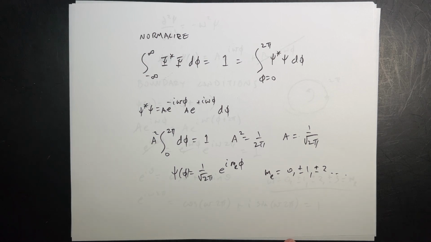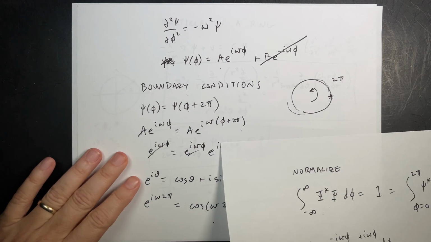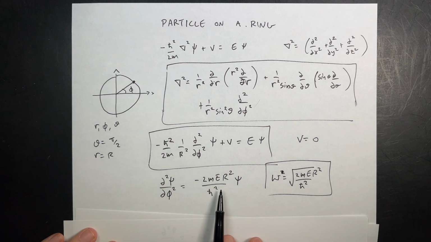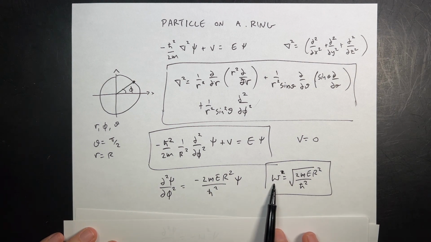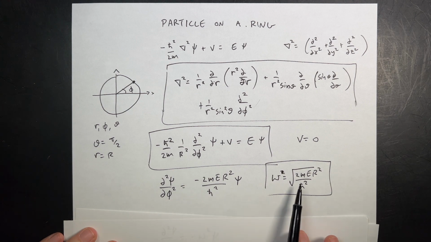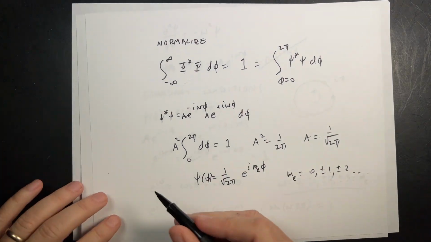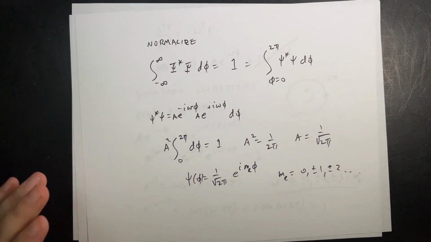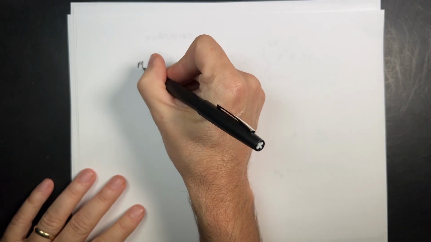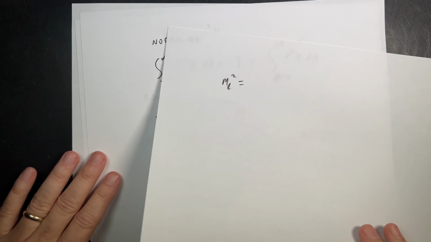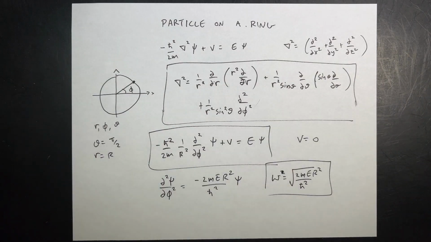Now what about the energies? So if we go back up here, this energy, we said was equal to omega. So I can square both sides and get an expression for what I call ml. So ml squared is going to be equal to this thing.